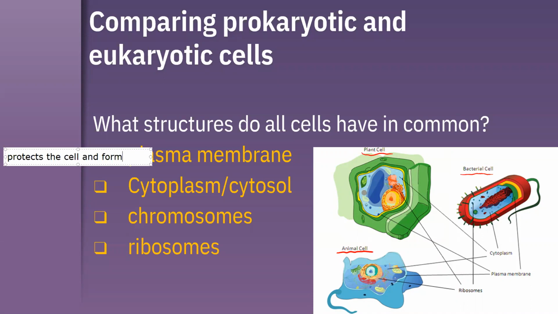And it forms what we call a selective barrier, which we will talk about more later. Okay, so all cells have a plasma membrane. Now, some cells also have a cell wall around the plasma membrane, but not all cells.